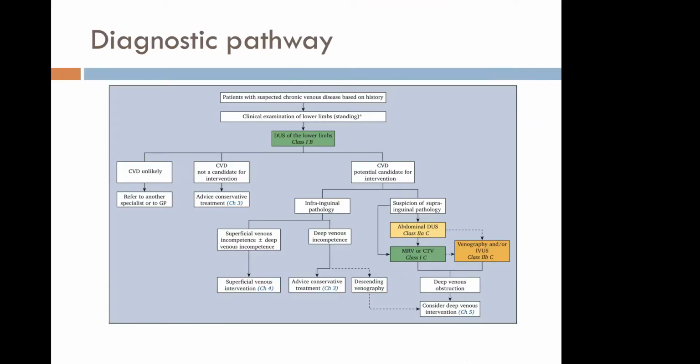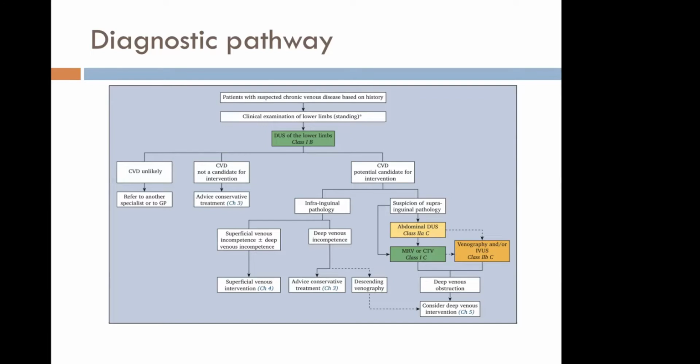Now, once you see a patient with suspected chronic venous disease, firstly, you'll take a history, you'll examine the patient, and like I said, your next investigative tool will be a duplex ultrasound. Based on this, the patient may have no chronic venous disease, so the patient must be investigated for another cause of the symptoms. Or a patient may have chronic venous disease but may not be a candidate for intervention. There you'll consider conservative treatment alone.